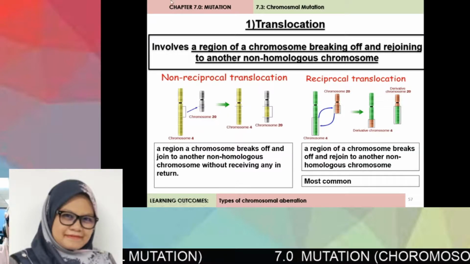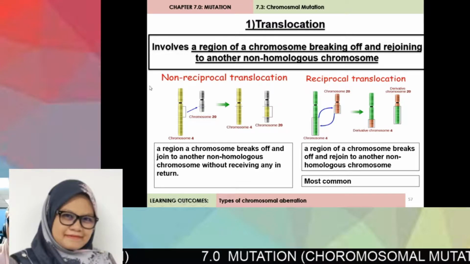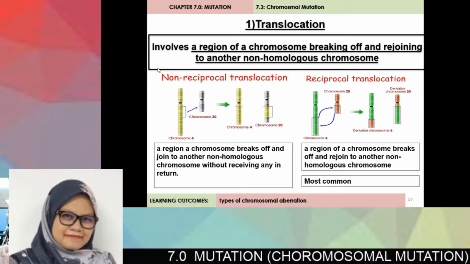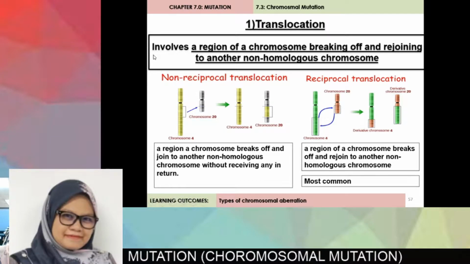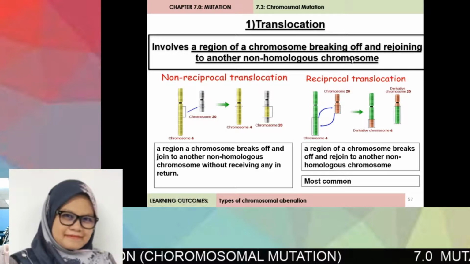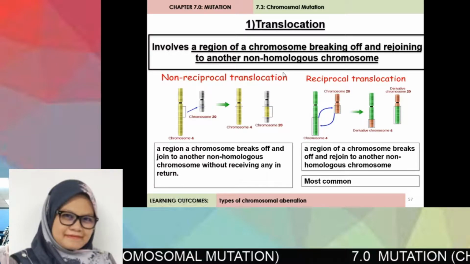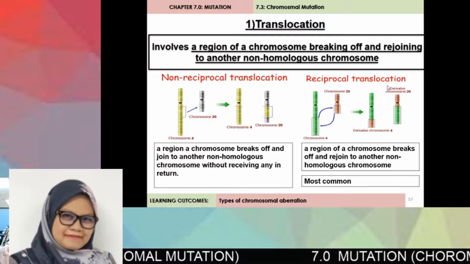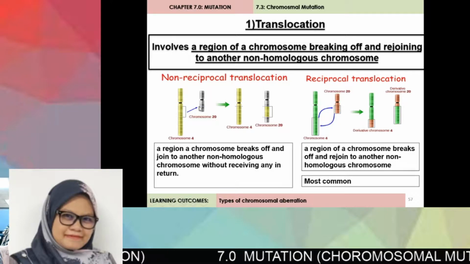So what is meant by translocation? Translocation ni maksudnya dia adalah pindah, translocate. So gene translocation means a region of chromosome breaking off and rejoining to another non-homologous chromosome. Non-homologous chromosome is the chromosome that does not share the centromere.